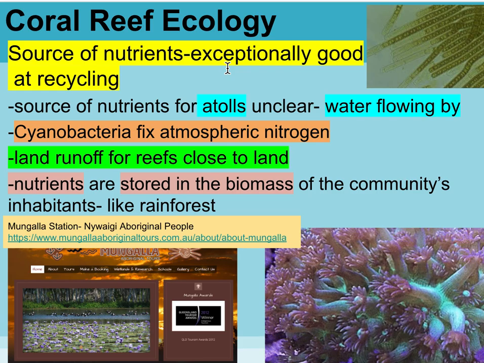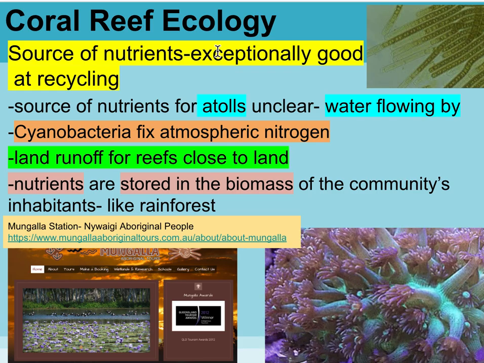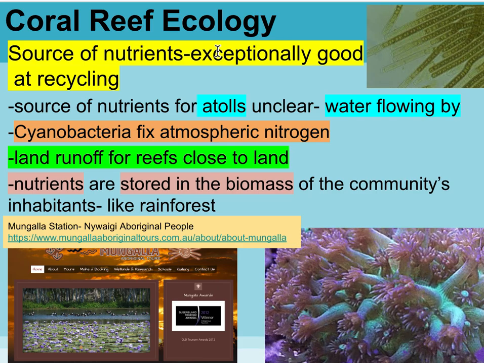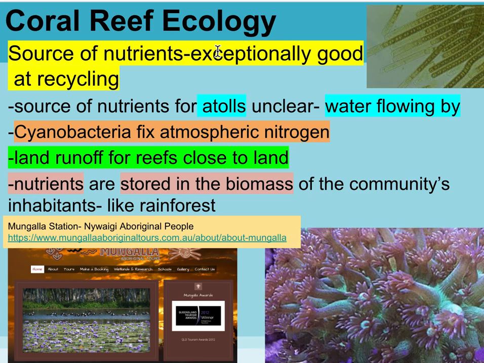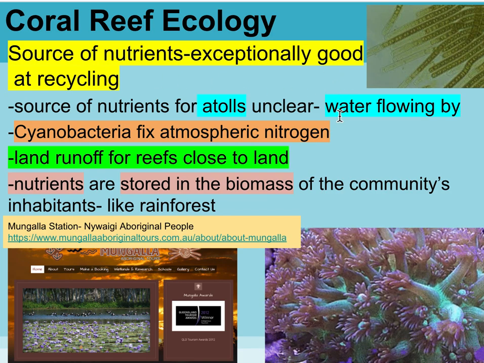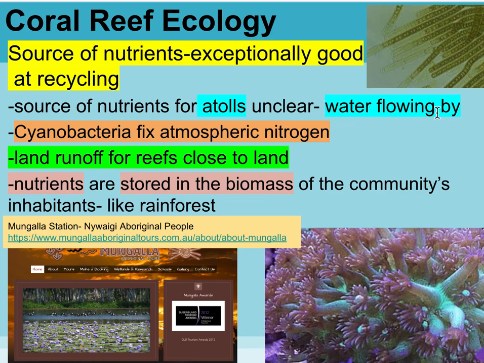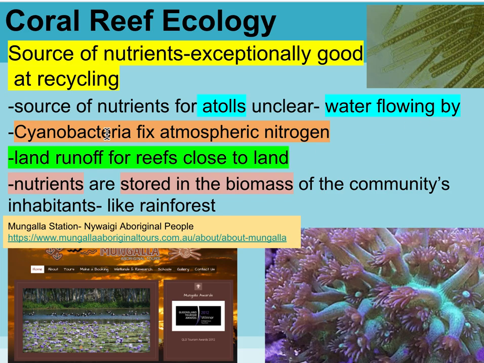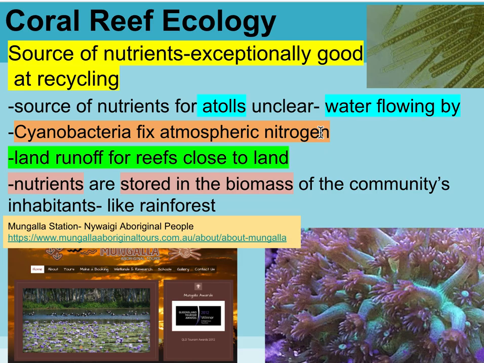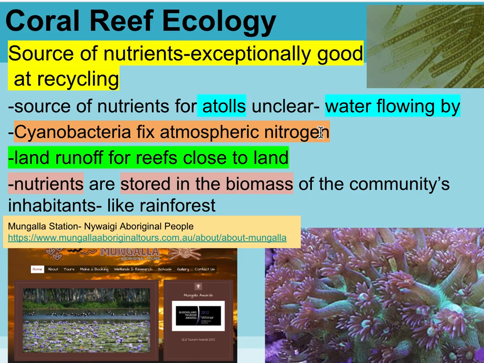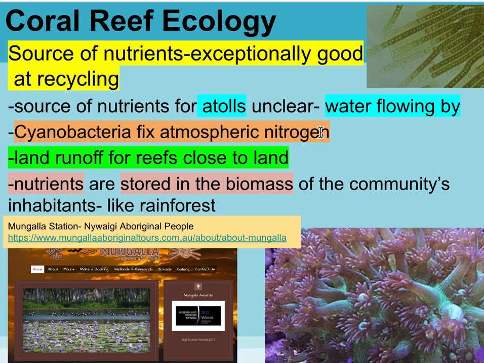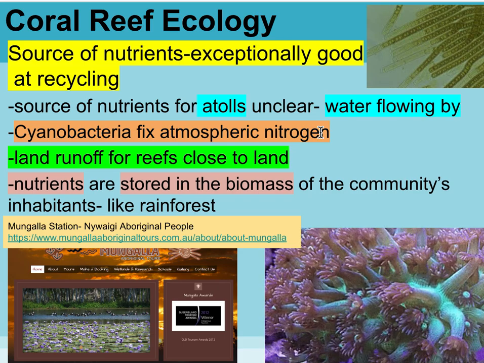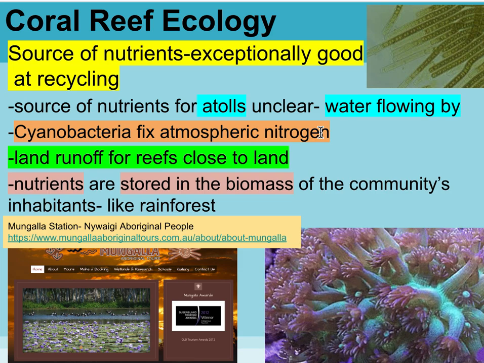the source of nutrients and how they're getting nutrients. Coral is exceptional at recycling nutrients, and most of the organisms on the reefs are. Atolls, in particular, really depend on water flowing by them. They also depend on cyanobacteria, which is a type of bacteria that can pull nitrogen out of the atmosphere and put it into a hardened form that the reef can actually use, which is really cool.